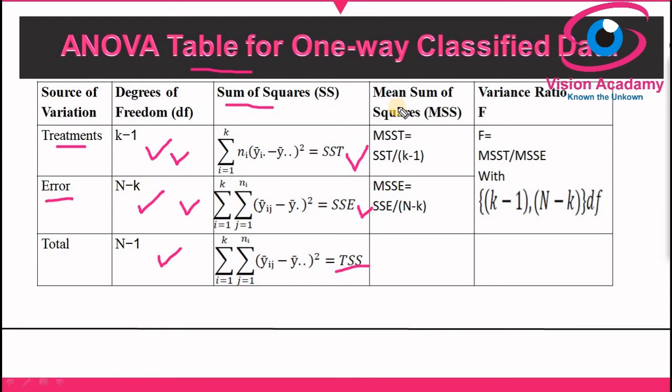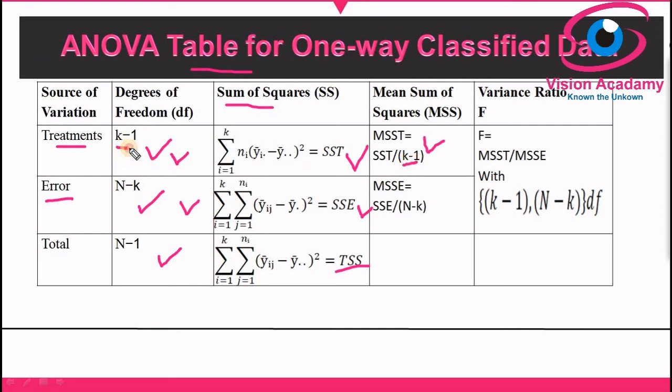And after that, we have mean sum of square. We know that we have made mean sum of square also in the calculation steps. I told you SST, when we give treatment, will become mean sum of square. For that SST, consider MSST, and the degree of freedom here you can see is k minus 1.